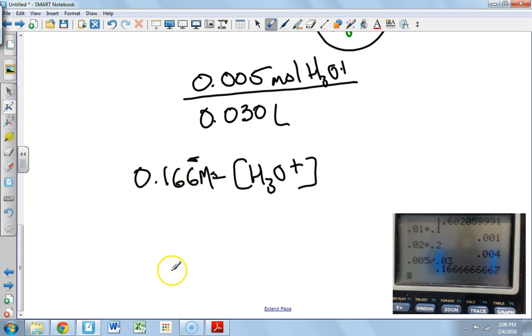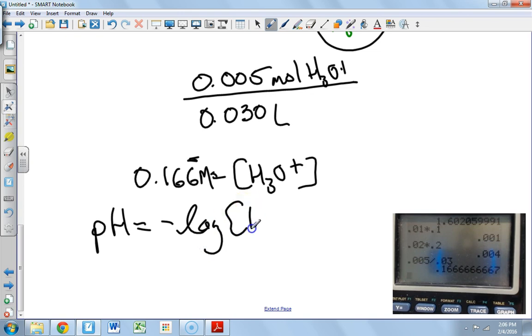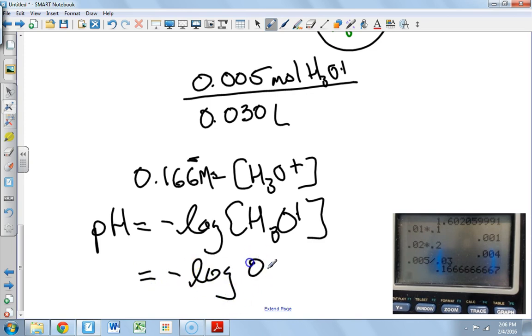So now, pH equals negative log of the concentration of the hydronium ion, equals negative log of 0.166 repeating.